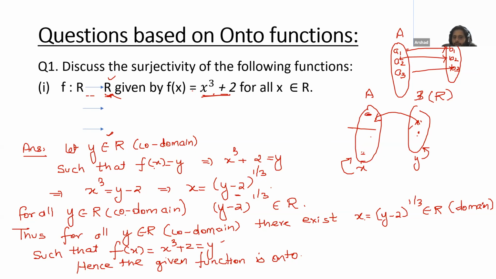For all y belongs to our codomain, (y minus 2) to the power 1 by 3 belongs to our domain. Thus, for all y belongs to our codomain, there exists a value x, which is equal to (y minus 2) to the power 1 by 3, belongs to our domain such that f(x) is equal to y. Hence, the given function is onto. So I will suggest that you please remember this statement. In each and every question, you need to write the same statement.